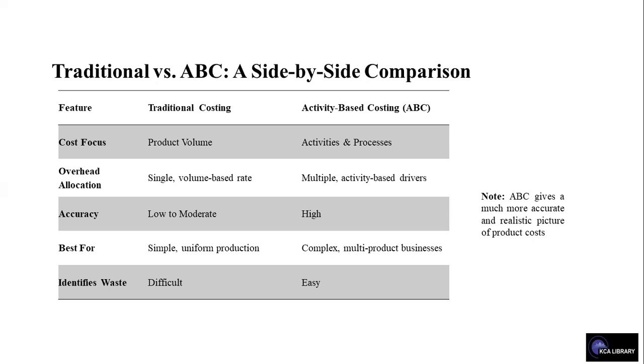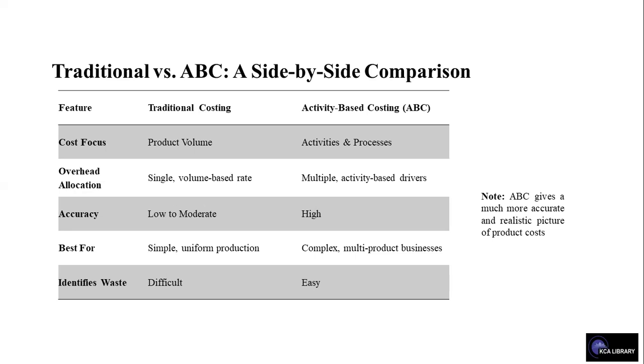As for overhead allocation, traditional costing makes use of a single volume-based rate, and for activity-based costing, it is multiple activity-based drivers. For accuracy, it is low to moderate for traditional costing, and for activity-based costing, it's high. It is best for simple uniform production under traditional costing, while under activity-based costing, it's best for complex multiple-product businesses.